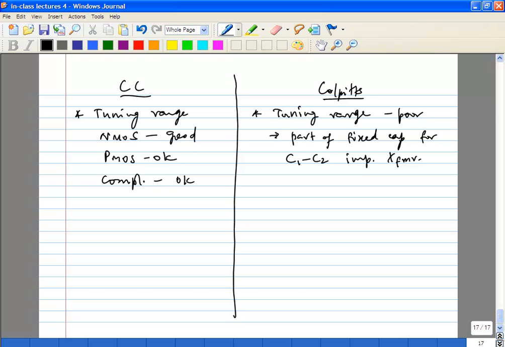Okay, for the tap ratio you need fixed cap. Okay, so that creates a problem because you need to add extra fixed cap apart from the transistor capacitance. Okay, so definitely as far as tuning range goes, you would choose the cross coupled.